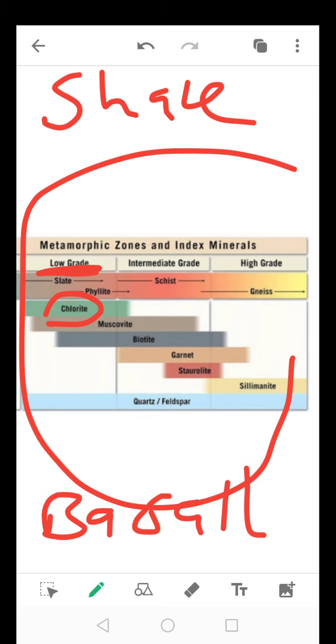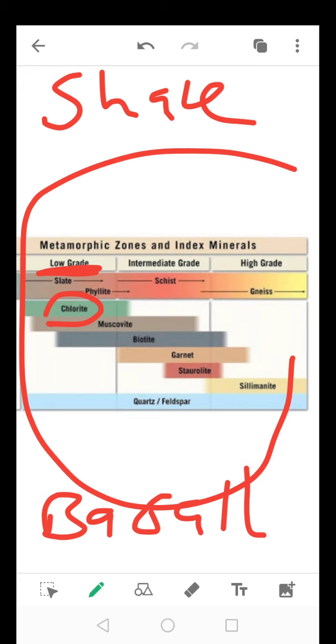So imagine walking across the area of your own interest where a lot of metamorphic rocks are exposed. As you walk, you find a shale. What does it tell you? Okay, we will discuss that in just a few minutes.